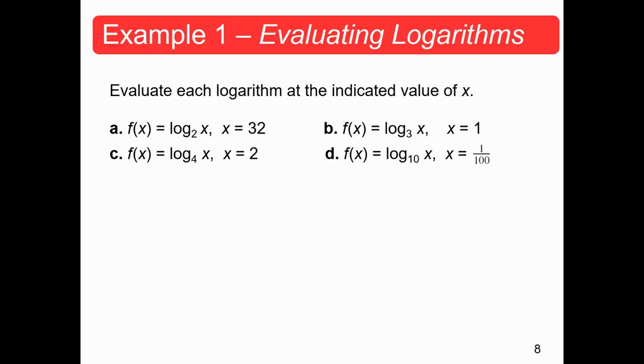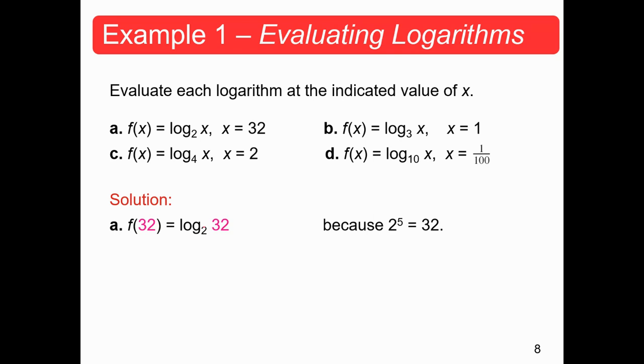So let's evaluate each one of these. And again, you need to ask yourself, 2 to the what power equals 32? You can guesstimate it on your calculator. 2 to the 5th is 32, so 2 times 2 times 2 times 2 times 2 equals 32.